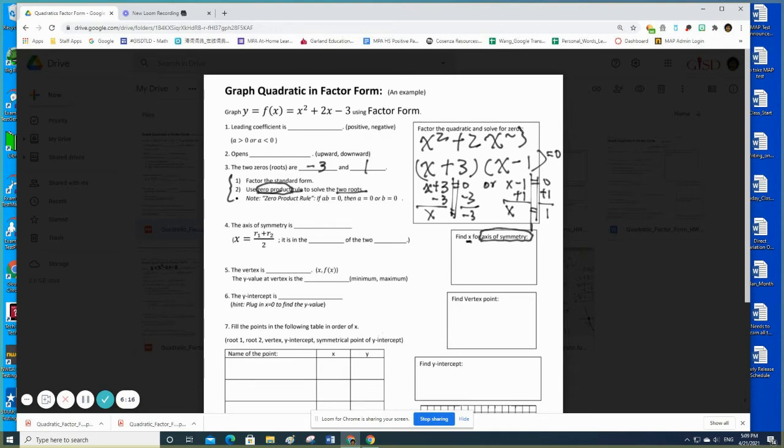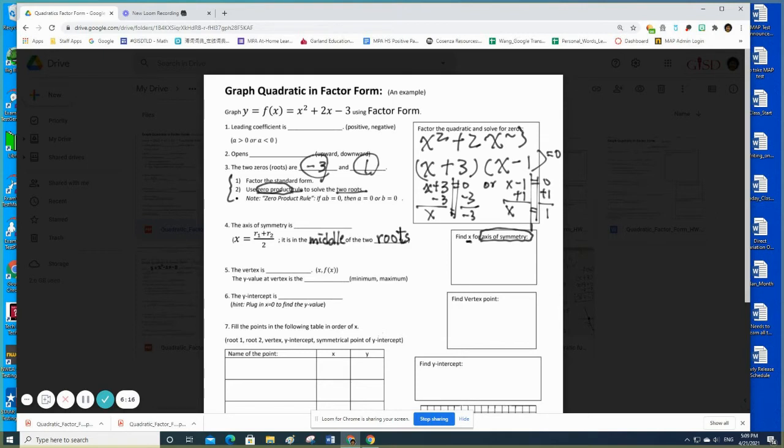The axis of symmetry is the middle of the two roots. If the two roots are R1 and R2, we use R1 plus R2 divided by 2 to get this x. So here we know our two x's are negative 3 and 1.